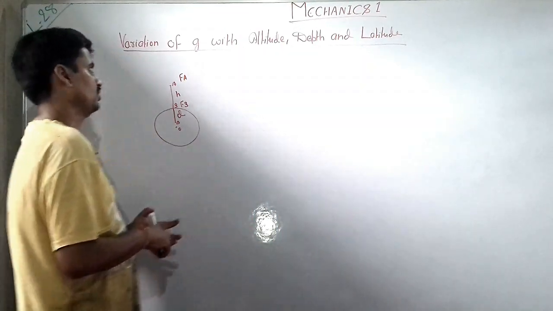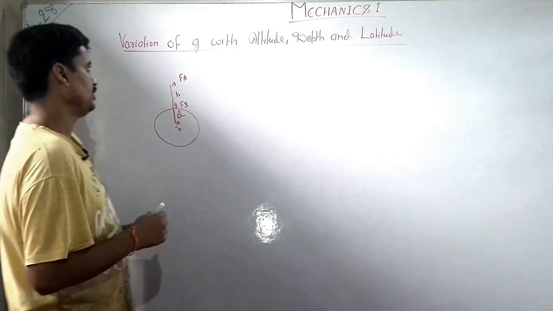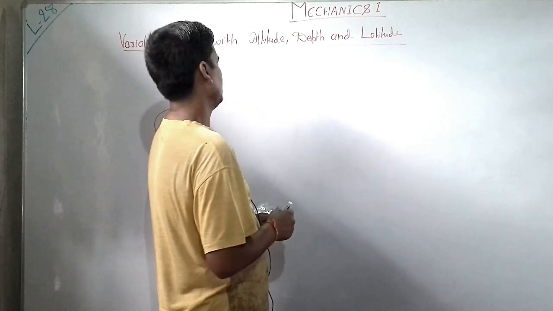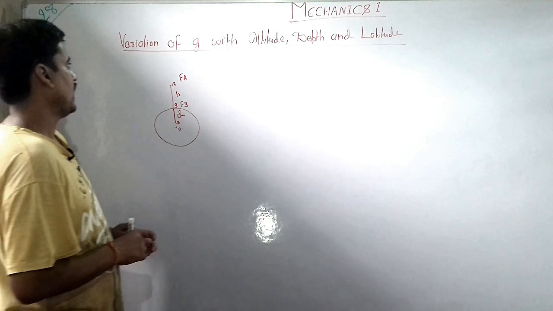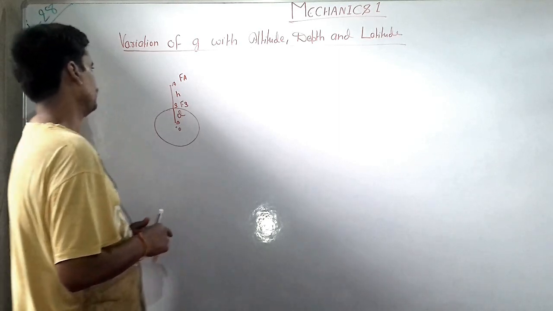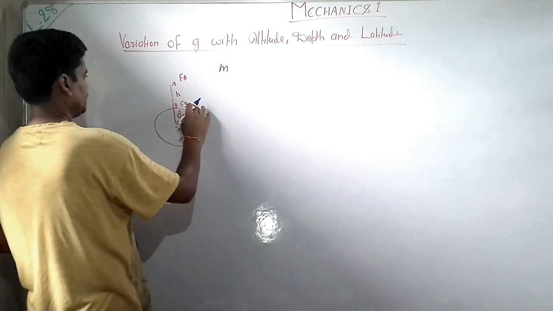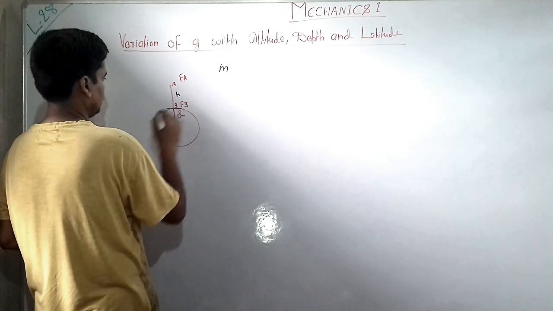This is another video in this lecture series Mechanics 1, and the topic of this video is variation of g with altitude, depth and latitude. How we can find the gravitational acceleration at some height. Suppose there is an object which has mass m, at height h from the surface of the earth.